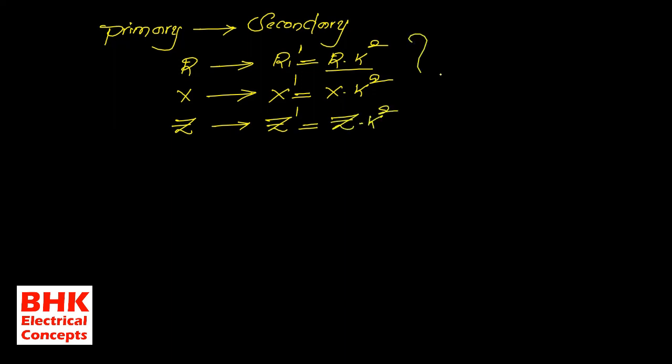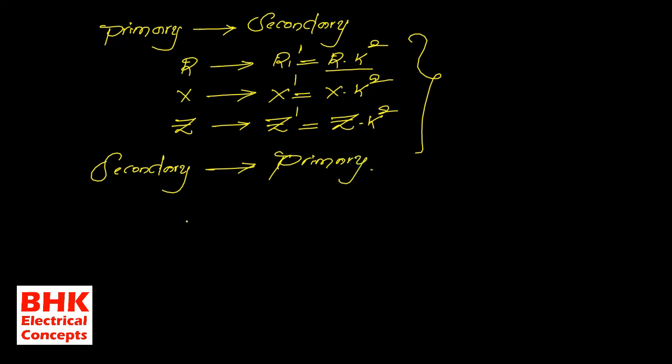These are the most important steps while referring from primary to secondary to calculate the equivalent resistance, reactance and impedance. If I am referring from secondary to primary, then the new value R dash is equal to R divided by k square.